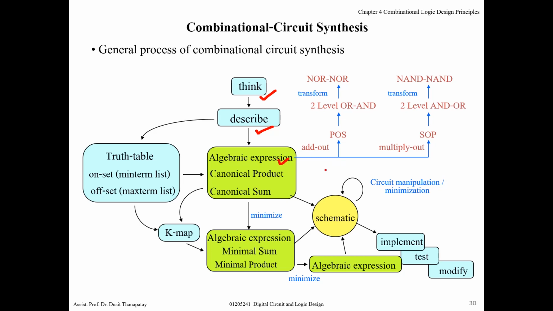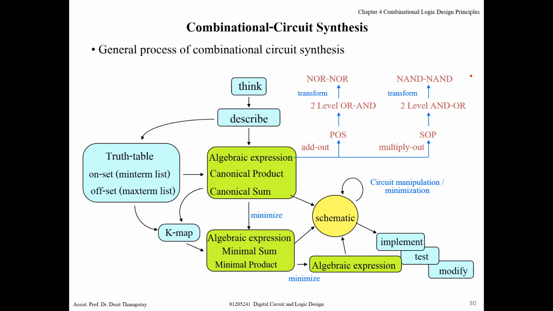After that, if you want to make the circuit in 2 level NOR, you must do something like add out, to arrange the expression to product of sum. After that, you can write the circuit in 2 level OR AND first, and then convert to 2 level NOR. Or if you want to write 2 level NAND, you must arrange the expression to sum of product first, and then you can write 2 level AND OR, and then convert to 2 level NAND.